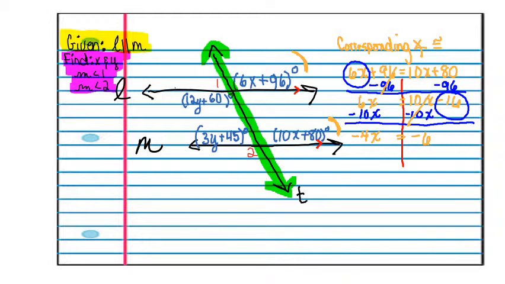Step 3, isolate the variable using the multiplicative inverse. There is no more addition or subtraction. So now we're just going to divide by the negative 4. All right, dividing by the -4 leaves us with an x equals, I'm sorry, I just noticed I didn't have a 16 in there.